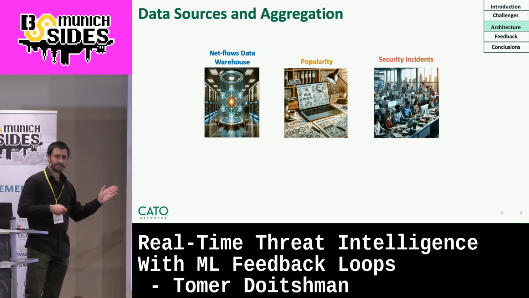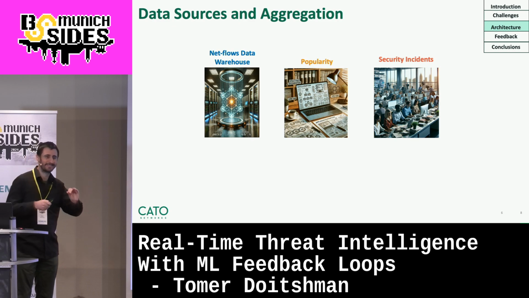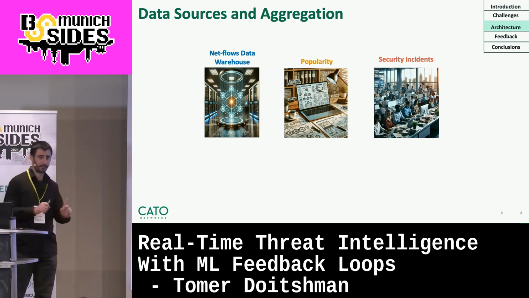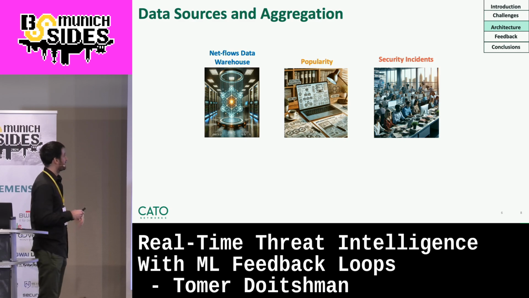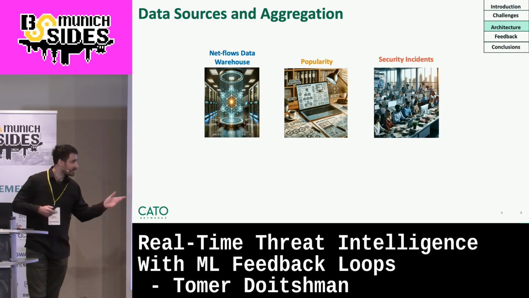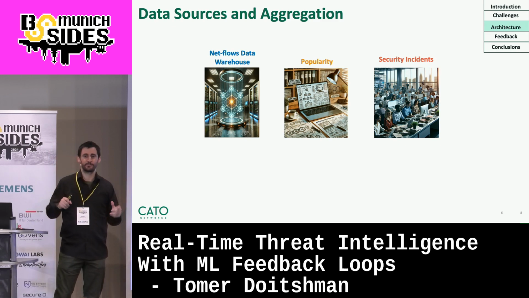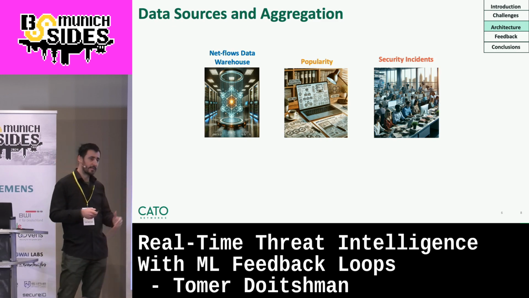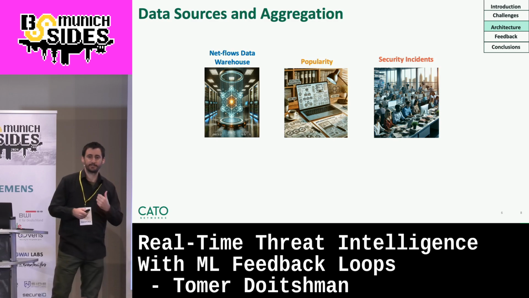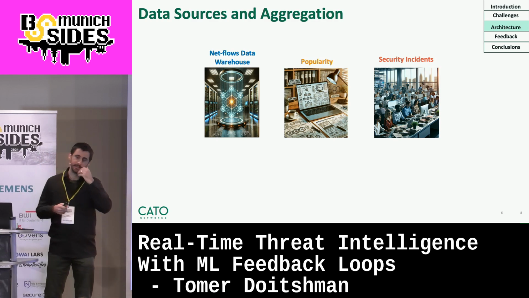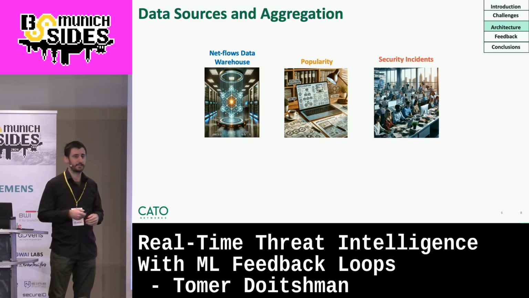This is a quite efficient and simple metric to filter out false positives most of the time, but not always. The last internal data source we have in Cato is security incidents. As you remember, we saw this page before when we saw the threat intelligence used in the XDR product. We can see in our internal records how each IOC has been used in security incidents in the wild.